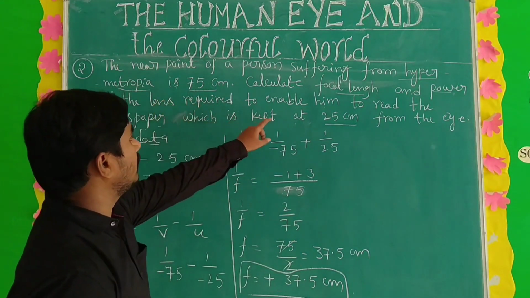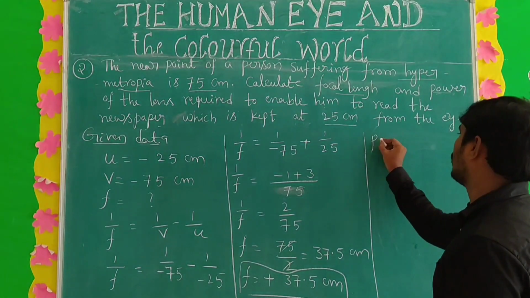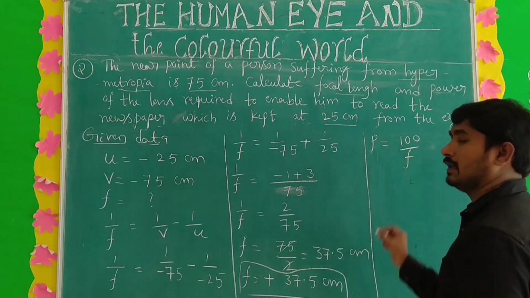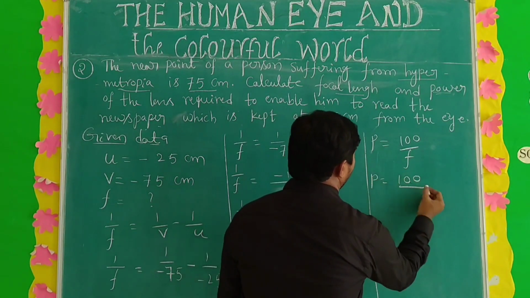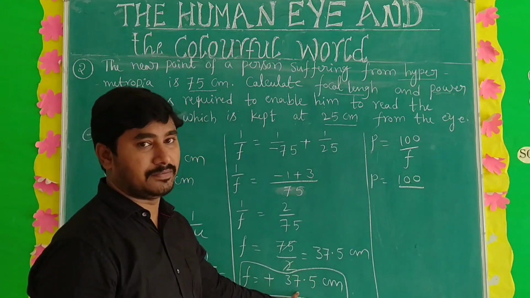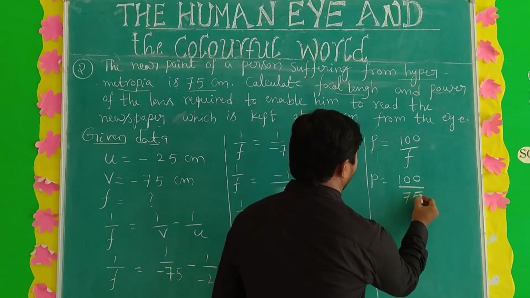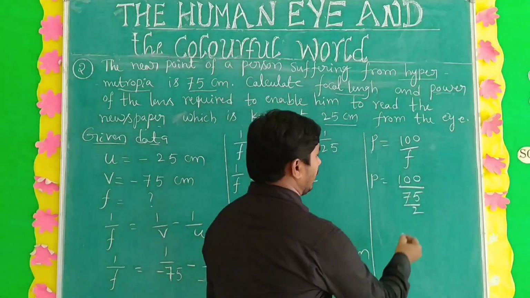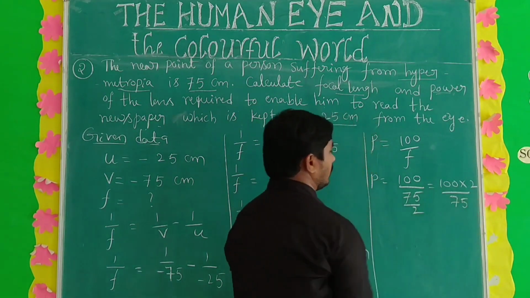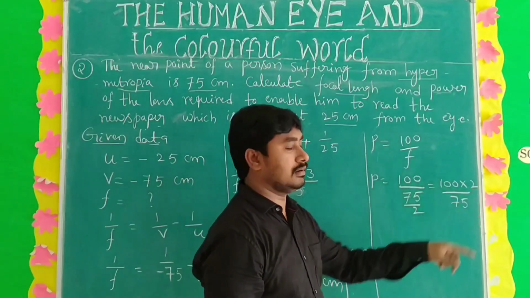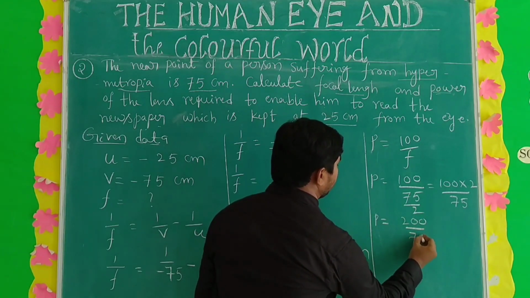Next they are asking to find the power of lens. You know very well the power formula: P is equal to 100 by f. Now substitute the values here. P is equal to 100 by f, where f is 37.5, or you can take 75 by 2. I have taken 75 by 2, so you write 100 into 2 by 75. So P is equal to 200 by 75.